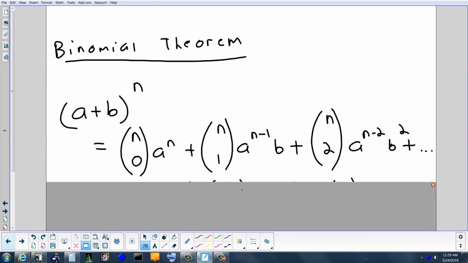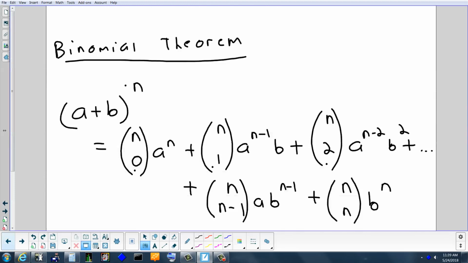So this is showing you the binomial theorem written with n choose r notation. Okay, the coefficients are from your exponent, and the first one is from column 0. The next one is column 1, column 2, column 3, column 4. The second to last one is n choose n minus 1, and then your last coefficient is n choose n.